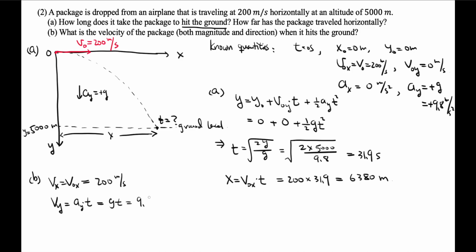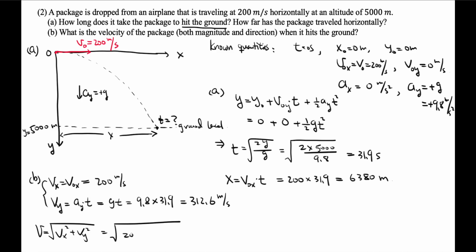So we have 9.8 times 31.9 seconds, and it gives us 312.6 meters per second as the final velocity's y component. So the magnitude of the final velocity is this expression, and then let's plug in the numbers. And the answer here is 371 meters per second.